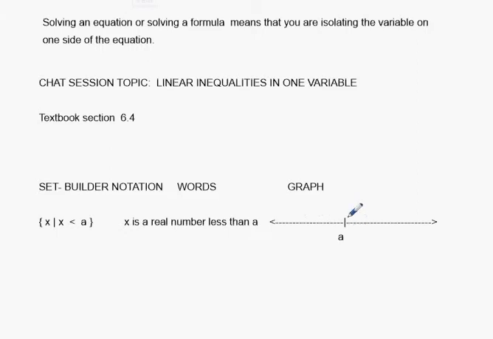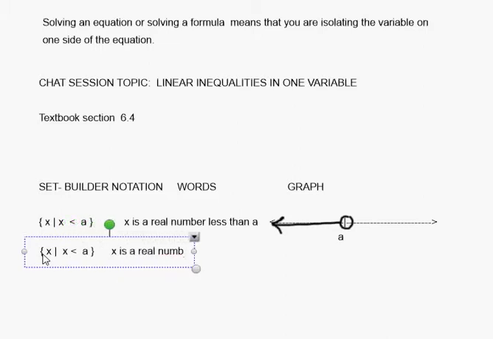And if we're talking about less than a, that means we're not including a, and we're talking about all numbers less than a. But if we talk about x such that, that vertical line means such that, x is less than or equal to a, x is a real number less than or equal to a.